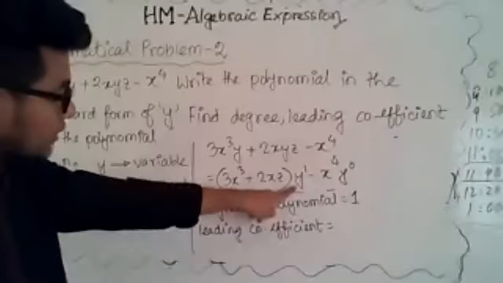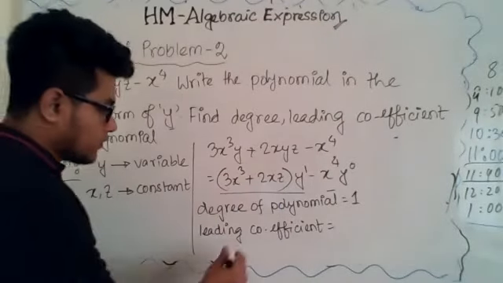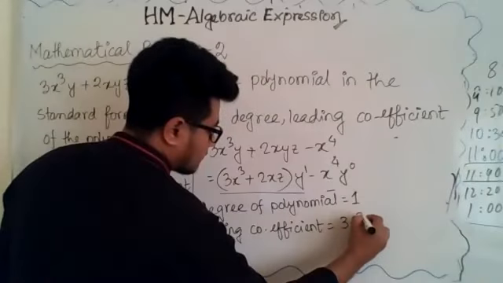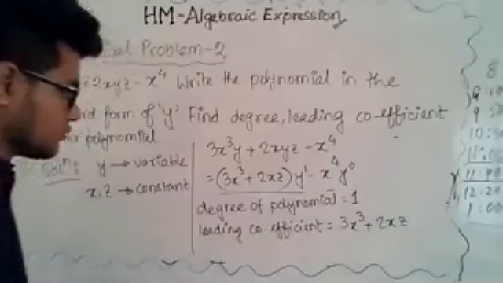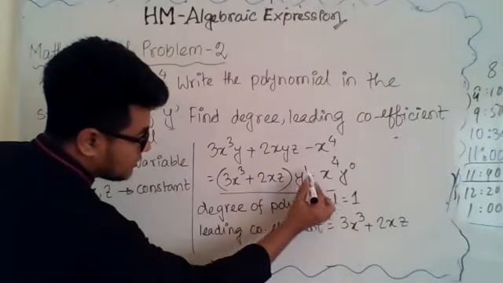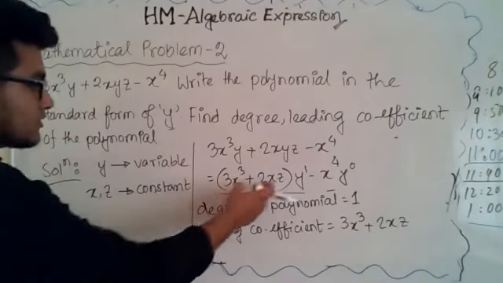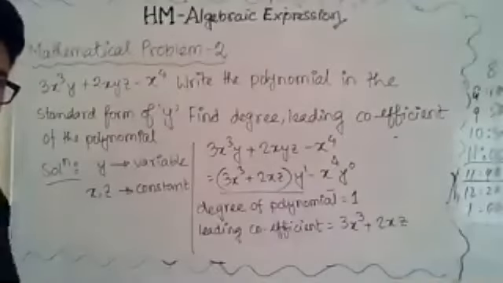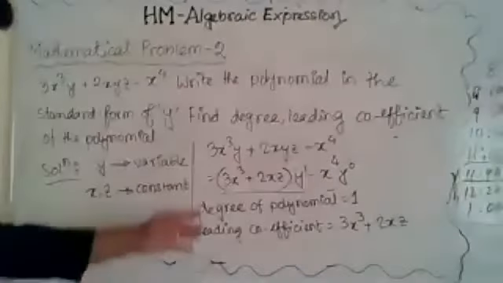This is our variable y. So whatever there is multiplied with the variable is our coefficient. So our coefficient will be 3x cubed plus 2xz. This is the coefficient, okay? Because this is the variable, and whatever you will find in multiplication with the variable, that is our leading coefficient only. Understood? Okay. So this is our solution.